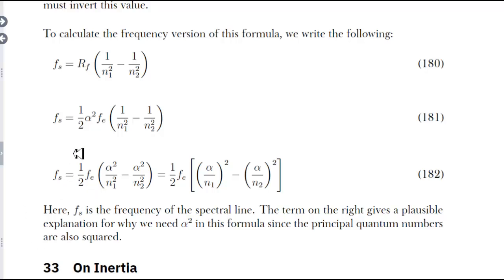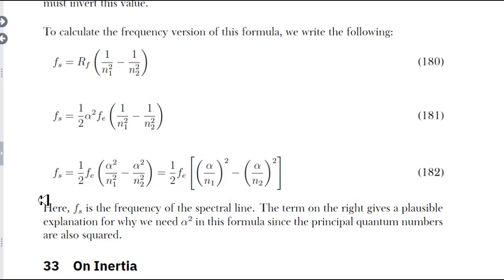The frequency is equal to 1/2 of the Compton frequency of the electron times alpha squared over the principal number squared minus alpha squared over the principal number squared. It gives me a better idea of why alpha needs to be squared, because the quantum numbers are also squared. We can write it like this to make that more obvious, where you have alpha over the principal numbers squared minus alpha over the principal numbers squared.